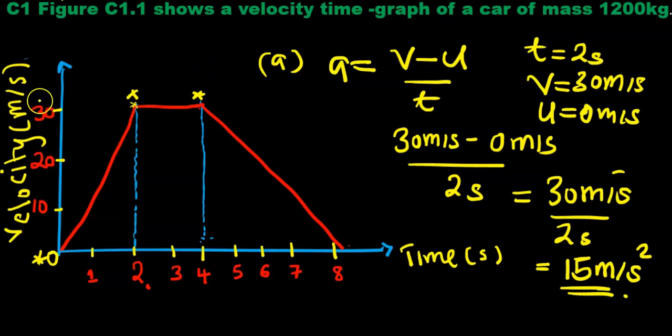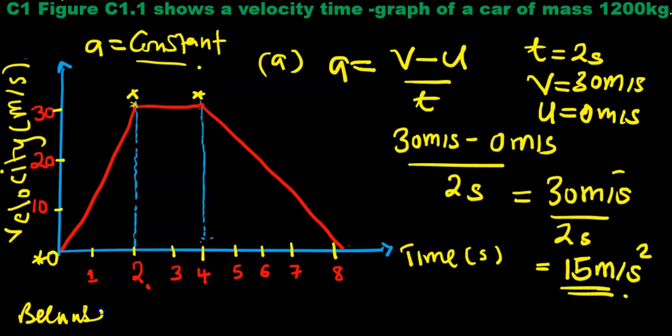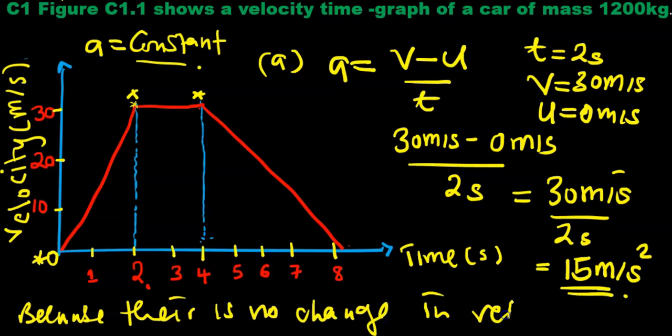Now, acceleration is 0 when there's no change in velocity. In short, when the velocity is constant. So the reason why the acceleration is 0 because there is no change in velocity.